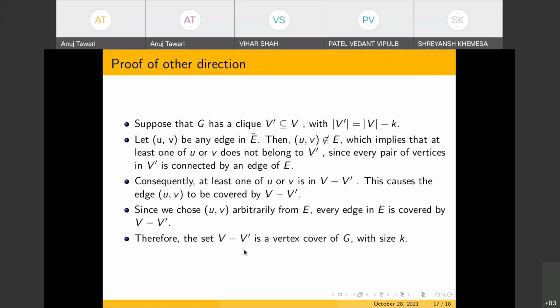And that's the way we'll show that V minus V prime will be a vertex cover of G with size K. Okay, so both the directions are done.